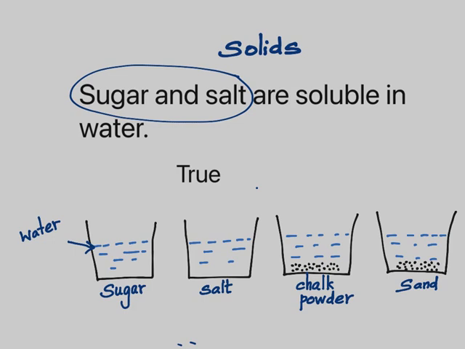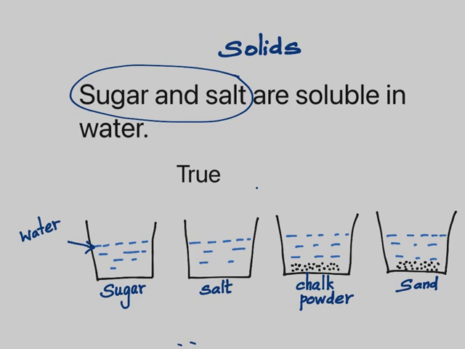The sugar in water dissolves completely and kind of disappears. That means it is soluble in water. Whereas chalk powder and sand are not soluble in water. They do not dissolve.